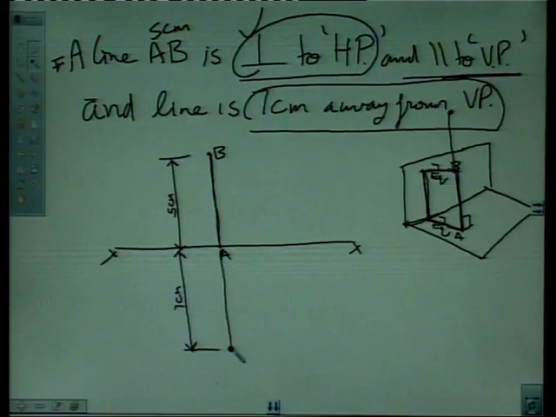In plan we will see only a dot. This is plan. And in elevation we will see the complete line AB, this line AB, dark this. This is elevation.